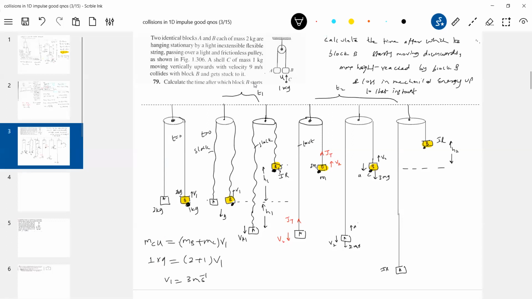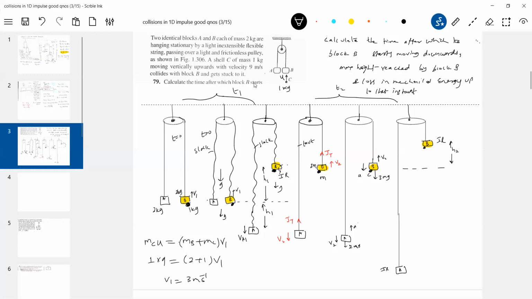Now, can we calculate VA1? VA1 equals GT1. We don't know this time T1. How to calculate time T1? Time T1 is measured from here. It was given a velocity V1, gravity will act, due to that it undergoes retardation. It's like a vertically projected body.